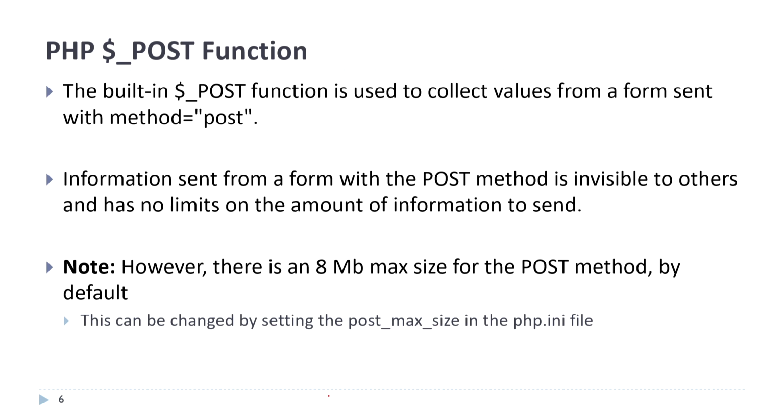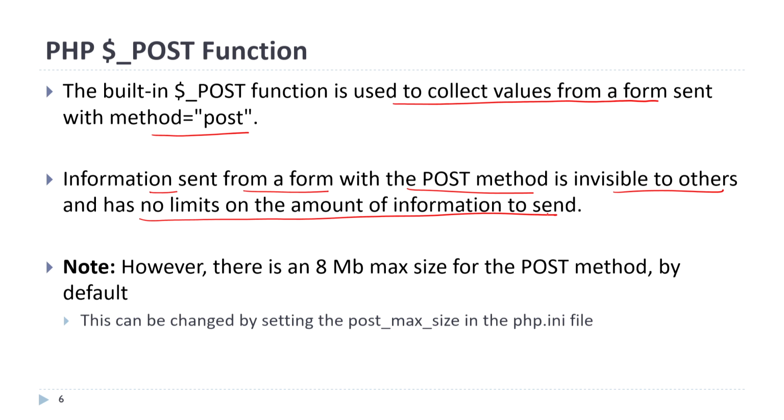Whereas the advantage of post is that the built-in $_POST can collect the values from a form sent with the method post. As I showed, it will collect all the values from an HTML form sent using the post method. The main advantage is that the information sent from a form with the post method is invisible to others and has no limits on the amount of information to send.